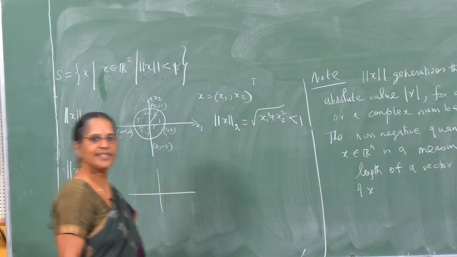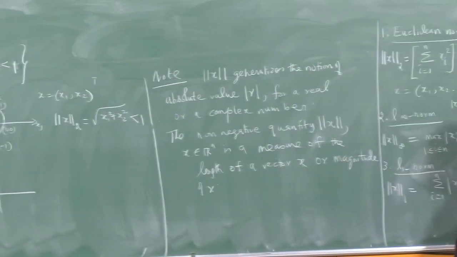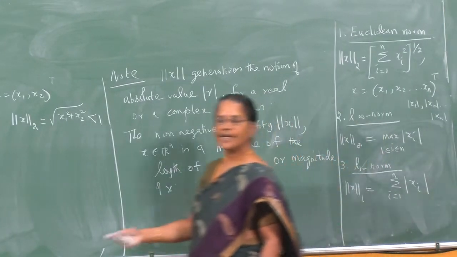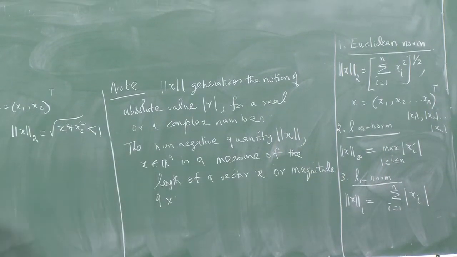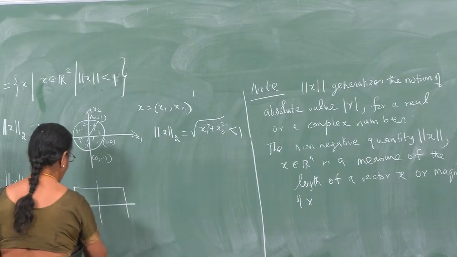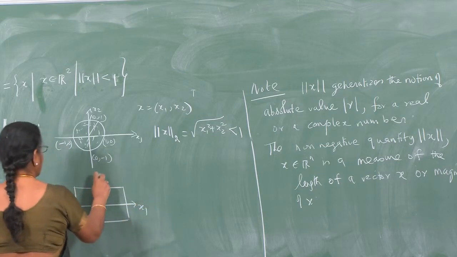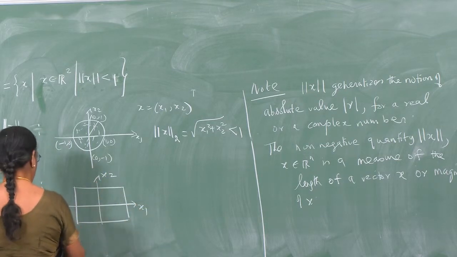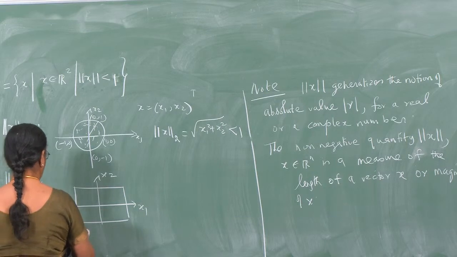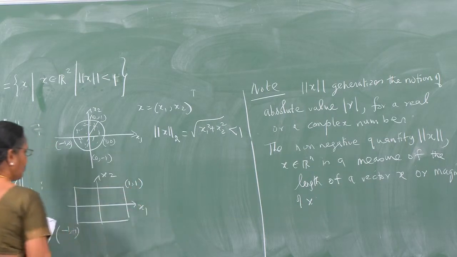What is norm x infinity? It is the maximum of modulus of xi, and that must be less than 1. So, what are those points? They are going to be points which lie within this rectangle. So, x1, x2. This point is minus 1 comma minus 1 and this point is going to be 1 comma 1.